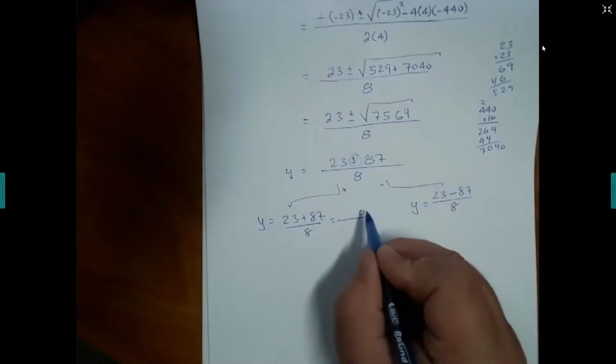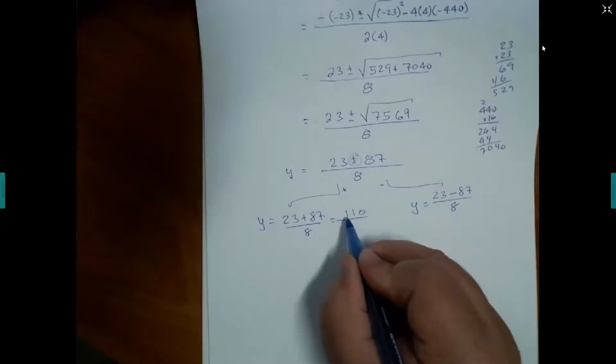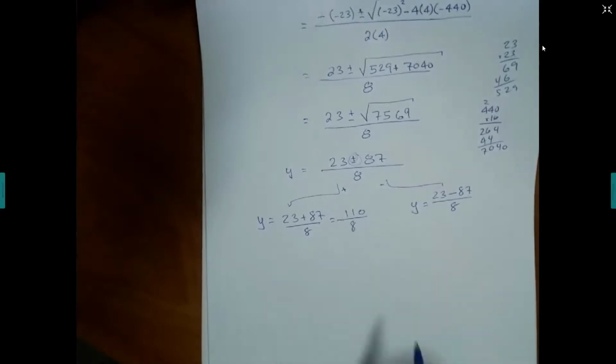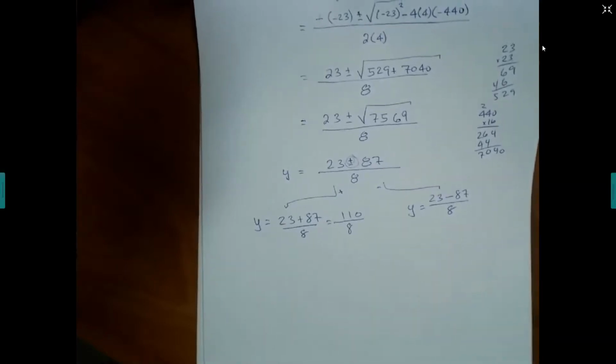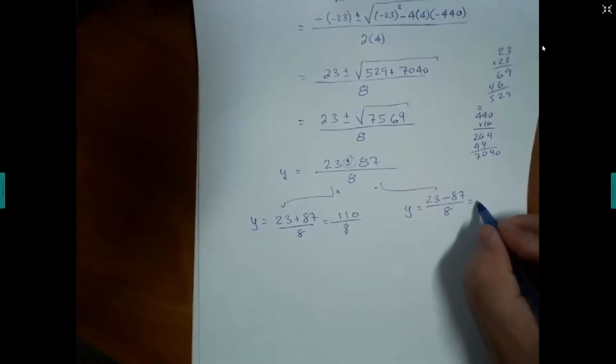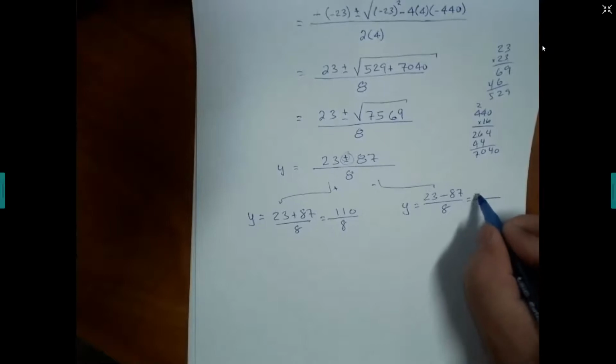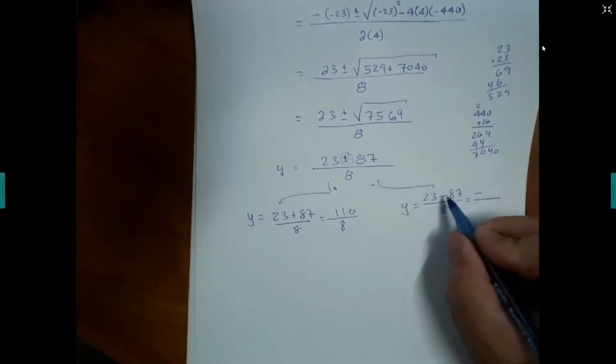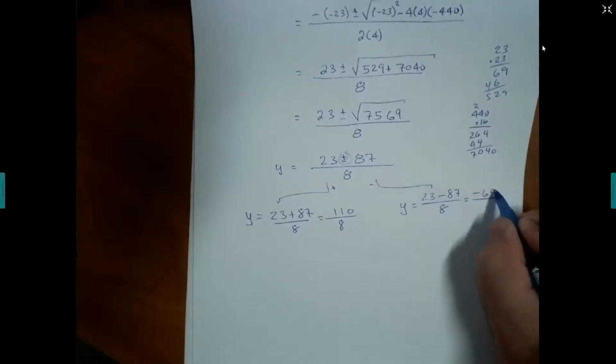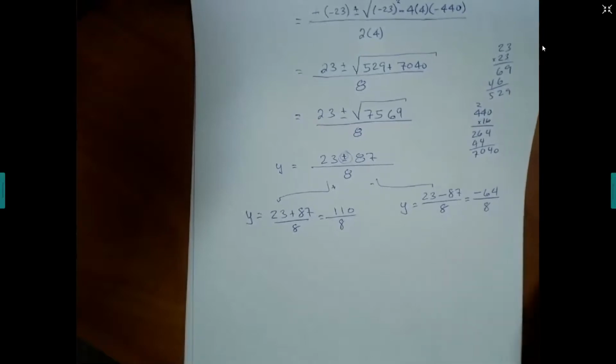Seven plus 3 is 10. 110 over 8. 23 minus 87, 87 is bigger, so the answer is negative. 87 minus 23 is 64 over 8.